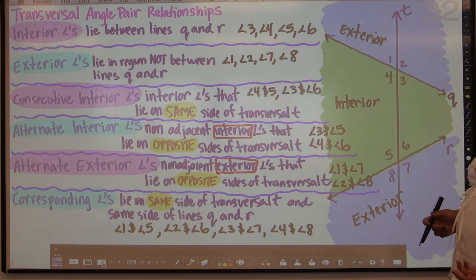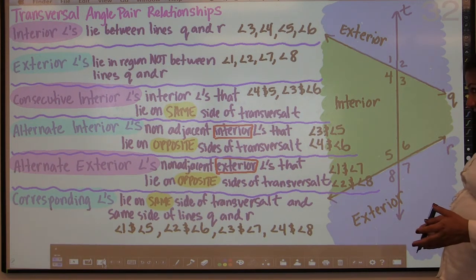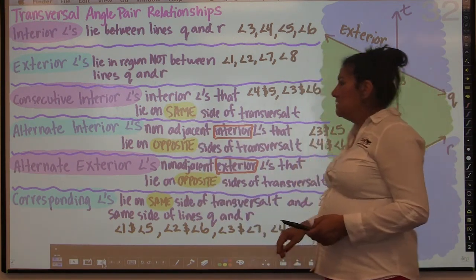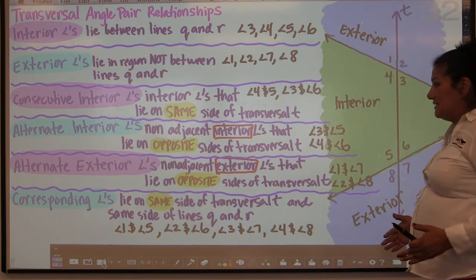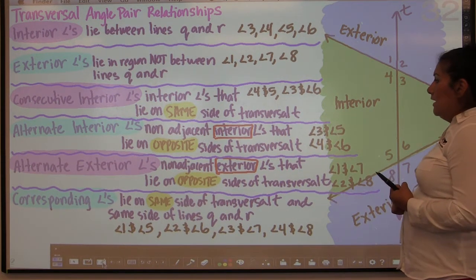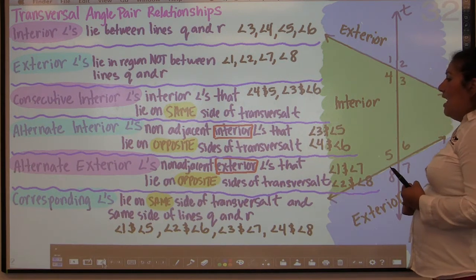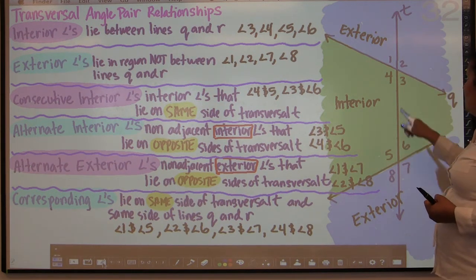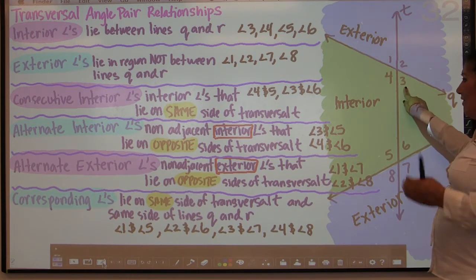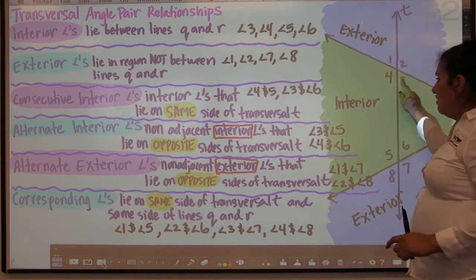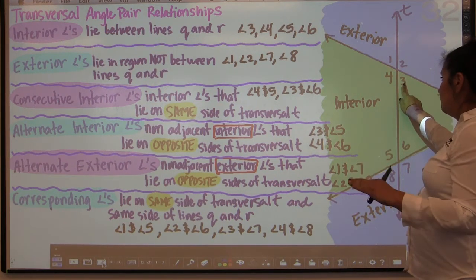And then we have alternate interior, which is kind of like consecutive interior, but the difference, that's why I highlighted these words here, is that they are on opposite sides of the transversal. So they have to be non-adjacent interior angles that lie on opposite sides of the transversal, non-adjacent. So for example, both angle 4 and 3 are interior angles, so they satisfy the interior part, and both 3 and 4 are on opposite sides of the transversal.